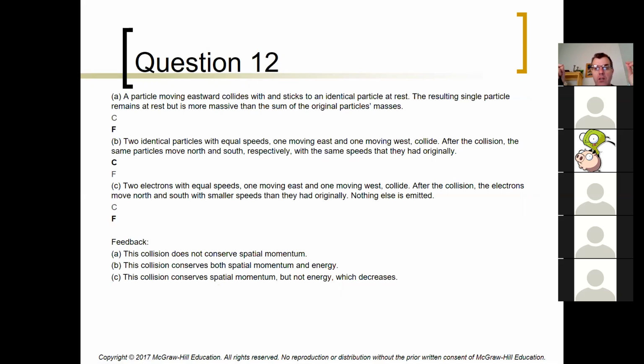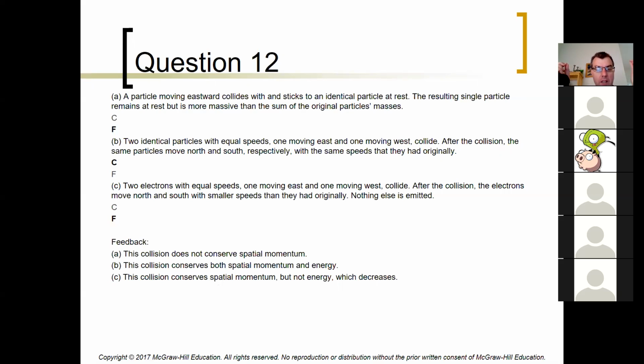In the second case, two things start off moving like this, they get close to each other, they repel and move like that with the same speeds that they had before. So before, the momentum is 0 because they're two electrons, same mass, equal and opposite velocity, so equal and opposite momenta. Afterwards, equal and opposite momenta. Furthermore, the speeds didn't change, so the kinetic energies didn't change.